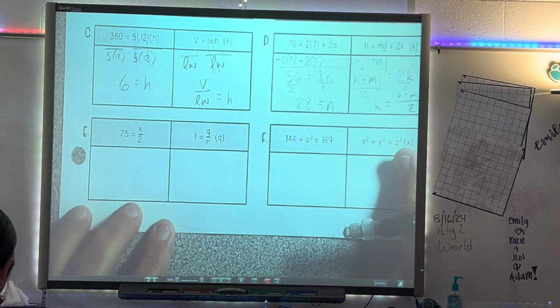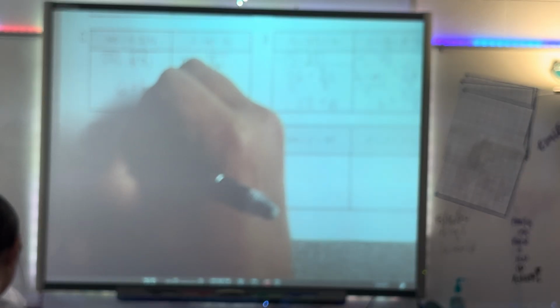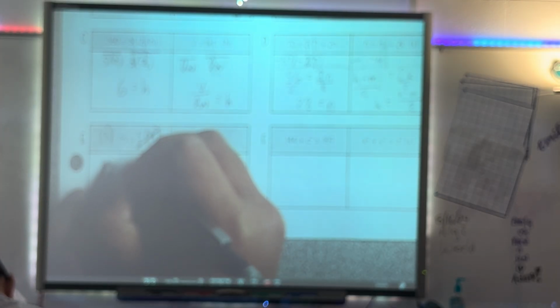All right, here. What am I doing next? All right, what do I do? Multiply by 2. So that goes away, and I have x is equal to 150.